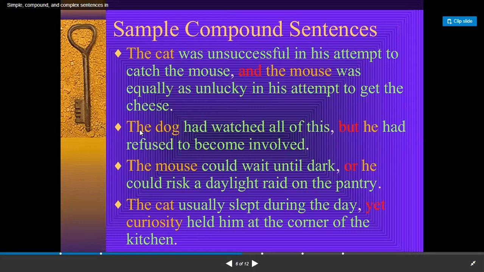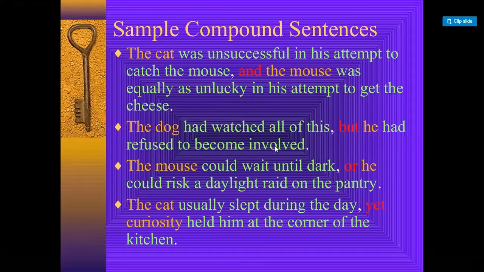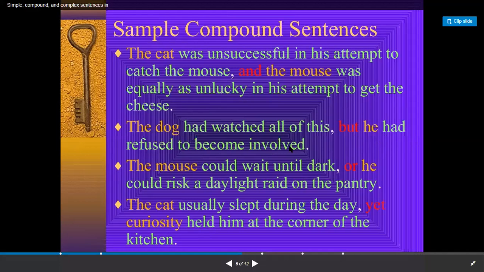The second example, the dog had watched all of this, but he had refused to become involved. Here we also have two independent clauses. The first one, the dog had watched all of this. The second clause, he had refused to become involved.